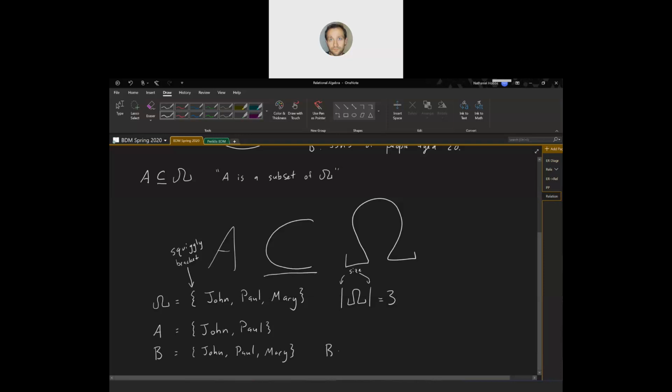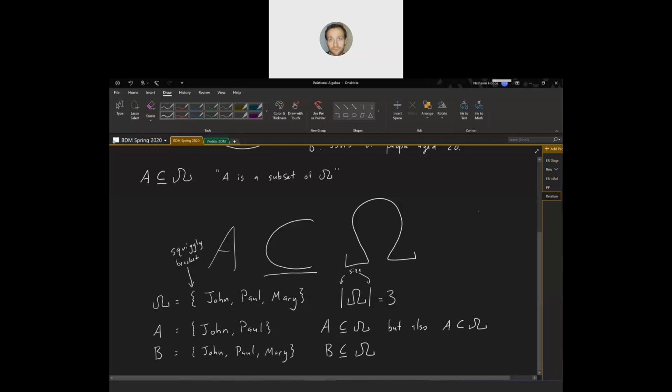Then B is also a subset of omega. Here, A is a subset of omega, but also A is strictly smaller than omega.